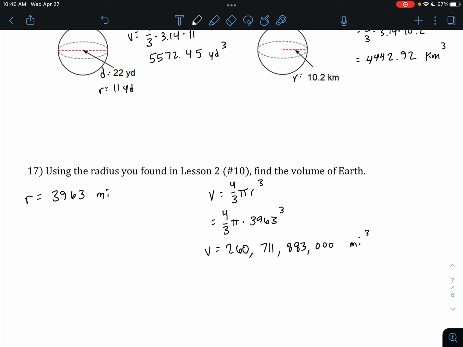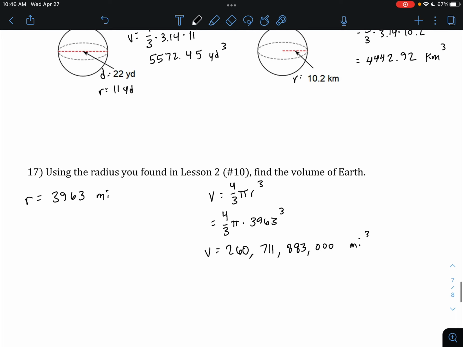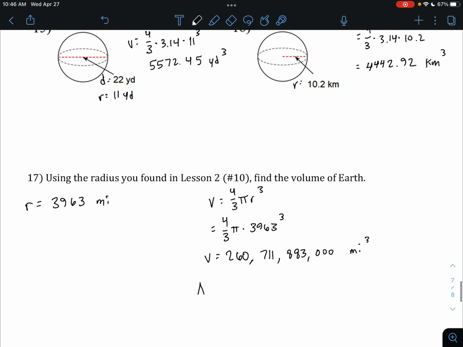Now we can look up the actual volume of the Earth that's been calculated using a little bit more precise methods by some scientists. And I found that the actual volume is roughly 259,875,159,532 cubic miles.